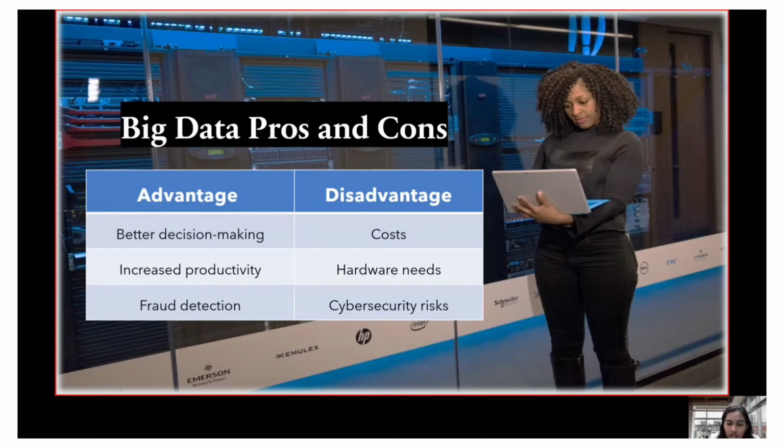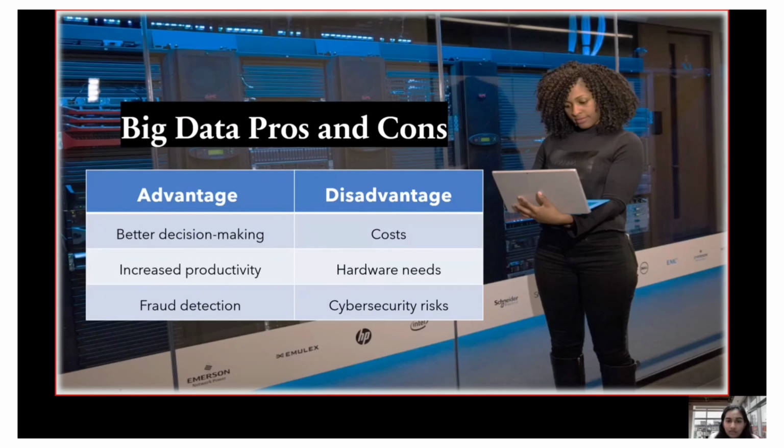Tools allow analysts to analyze more quickly, which can increase their personal productivity. Third one is fraud detection. Another common use for big data analytics, particularly in the financial services industry, is fraud detection.